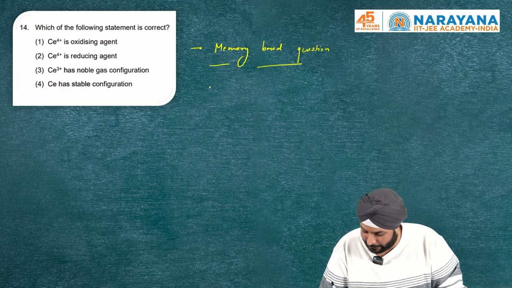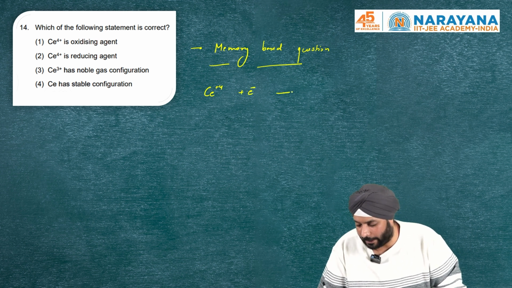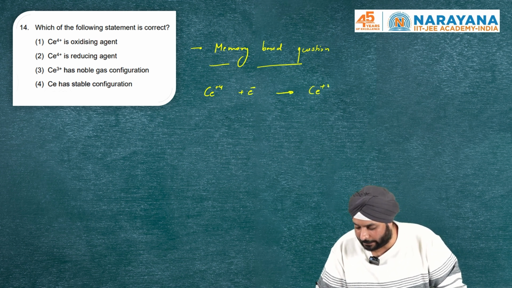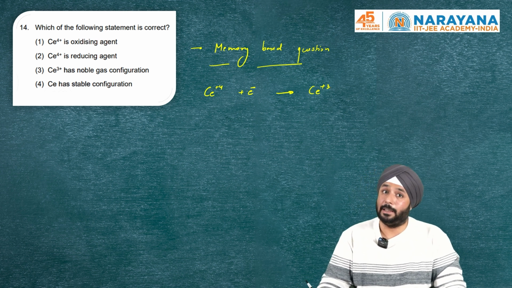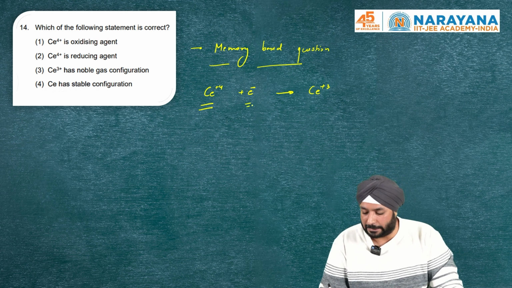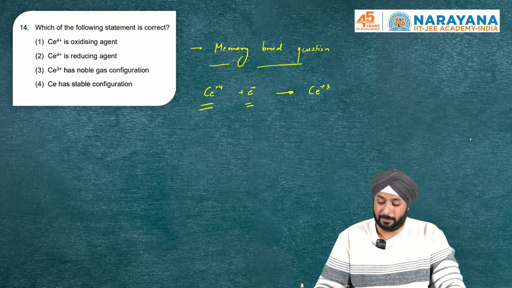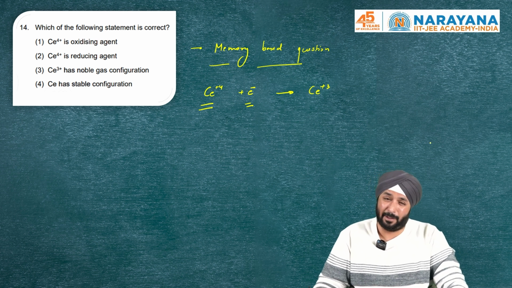And yes, Ce plus 4 has a high tendency to gain an electron to become Ce plus 3, right? The amount of energy liberated when Ce plus 4, with its positive 4 charge, gains an electron will be very high. So the electron gain enthalpy of Ce plus 4 is very negative.